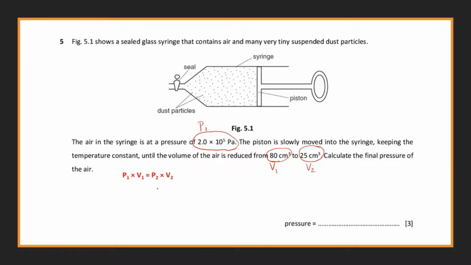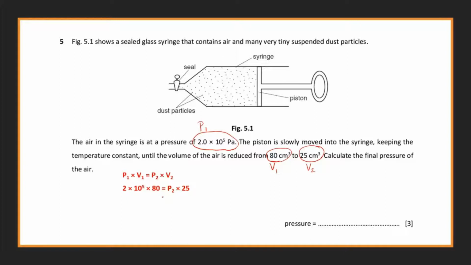Now let's put in all the values into the equation. We get 2 times 10 to the power of 5, that is P1, times 80, which is V1, equal to P2 times V2, which is 25.